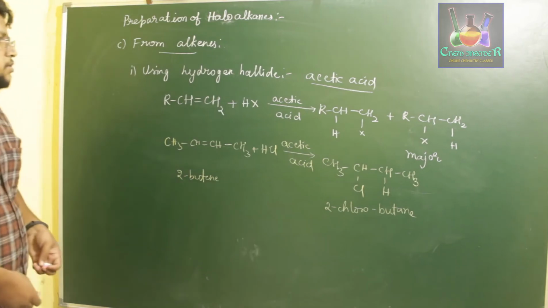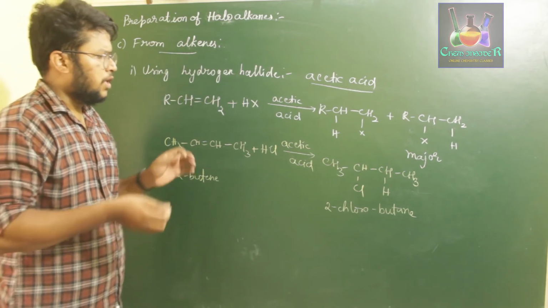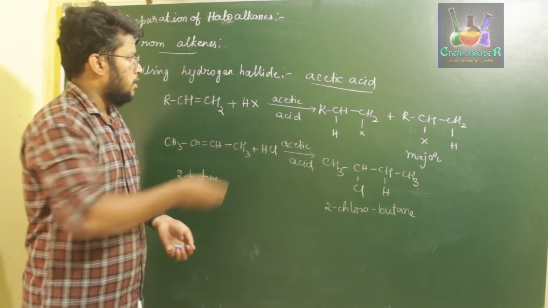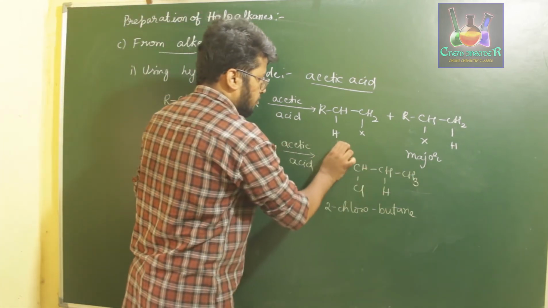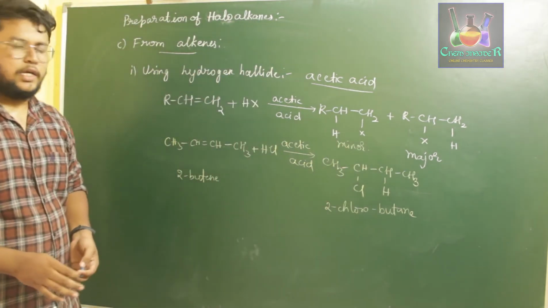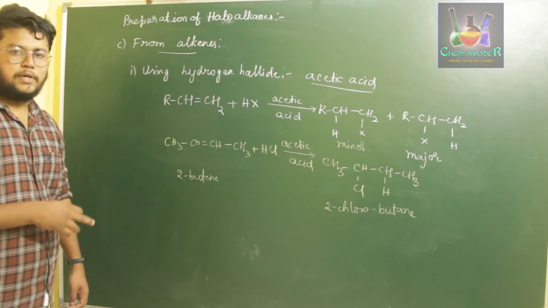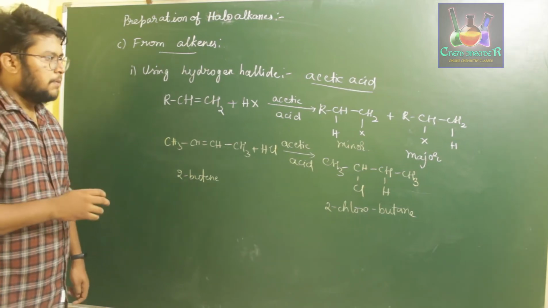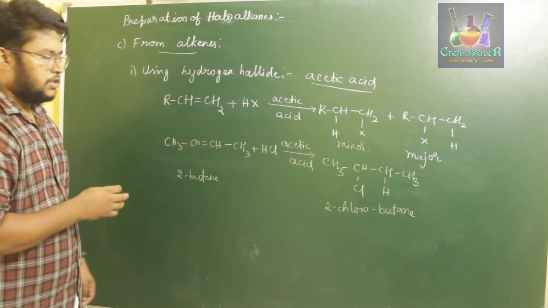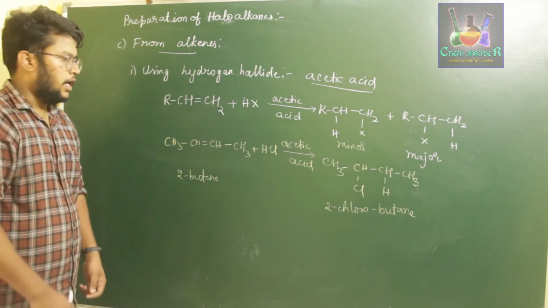So this is about preparation of haloalkanes using hydrogen halide and acetic acid. If you have to prepare a product in which the halogen should be attached to this carbon, as I said in this example, if this is the major product, then this will be our minor product. So now you must prepare a haloalkane where the halogen should get attached to the carbon which has more hydrogen atoms and is involved in a double bond. In that type of condition, we treat the same alkene with the same hydrogen halide, but instead of acetic acid, we use hydrogen peroxide.